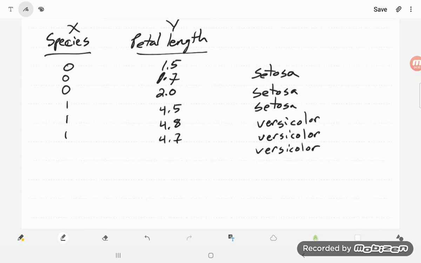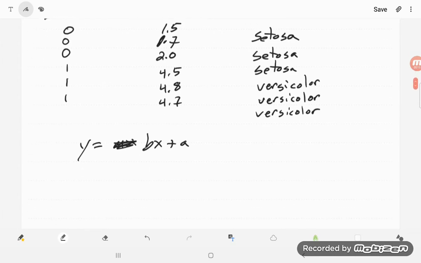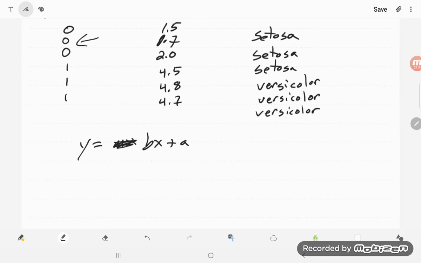And actually what's going to happen is when I do this, I'll get y equals some mx plus, well, we're using bx plus a. So I'll get some slope b. And actually, the amazing thing here is that a, when we do this, if I'm using 0 here for the setosa, a is going to equal the average for setosa.